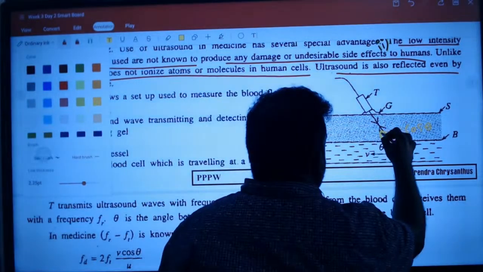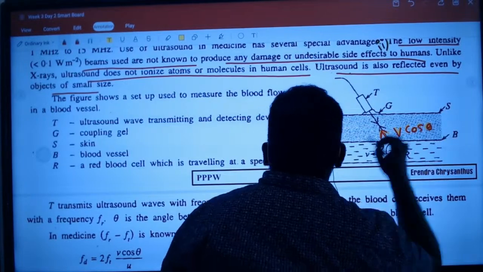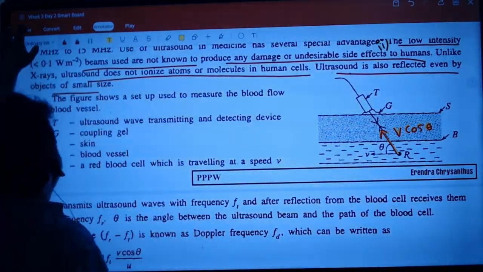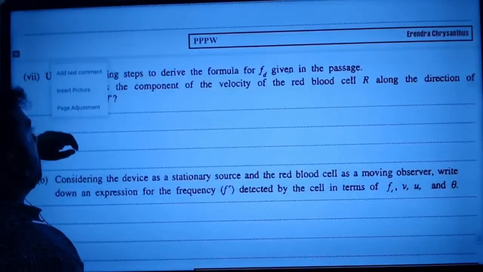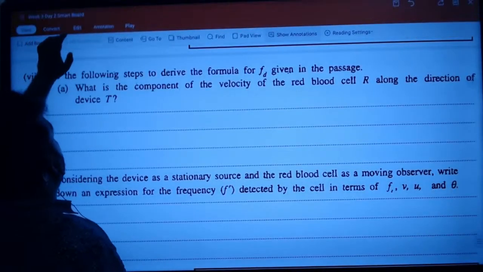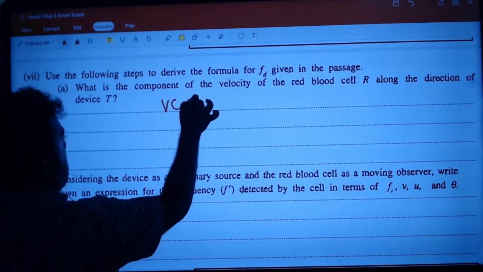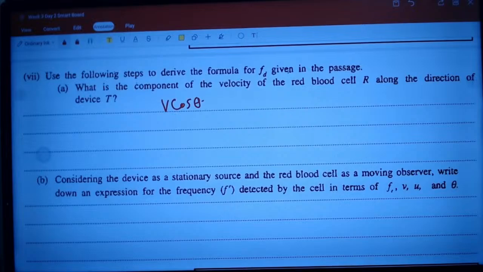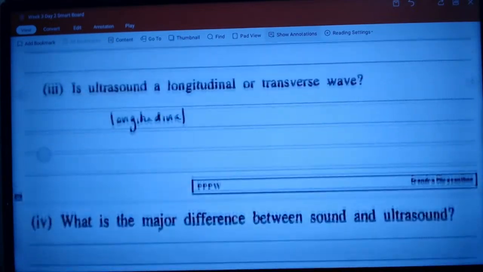Okay. This component is V cos theta. So if you move up, V cos theta, right. Consider the device. So what is this FD?